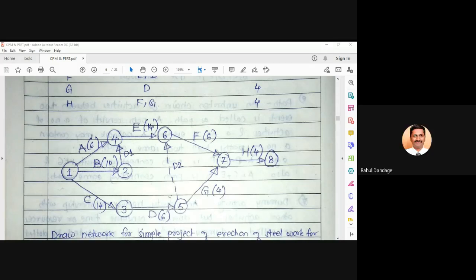But where is the activity in this diagram? Is it on a node or on an arrow? It is on the arrow. So in this case, all the activities are represented by arrows. This is an activity on arrow, AOA kind of network, so nodes are representing events and arrows are representing activities.